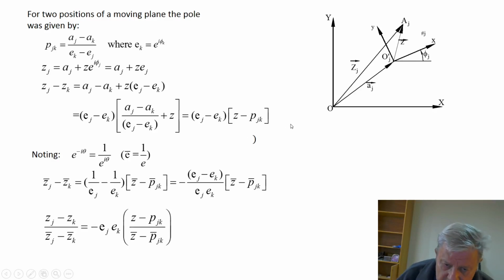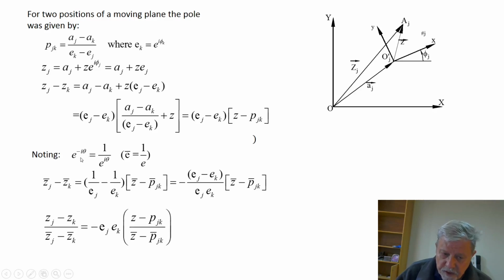So I can write Zj minus Zk is equal to Ej minus Ek times Z minus Pjk, Z being the vector for the center point, for the circle point, or the point that I want to be on a circle, with respect to the moving frame, and Pjk being the pole.